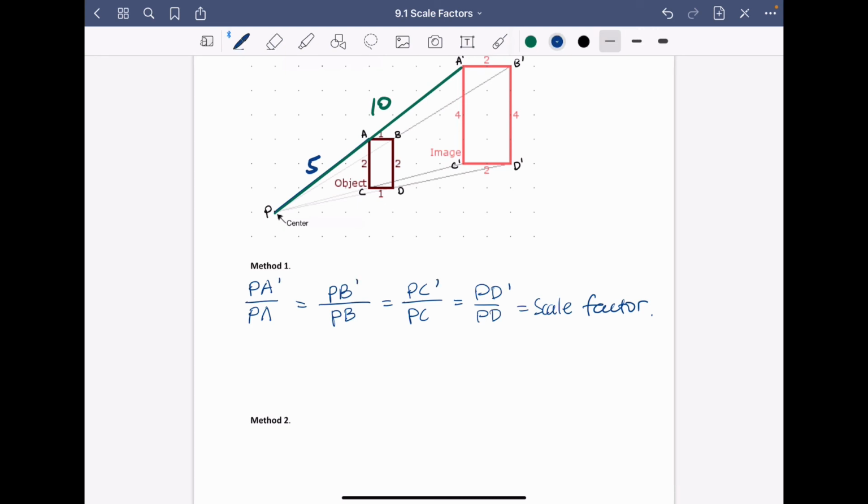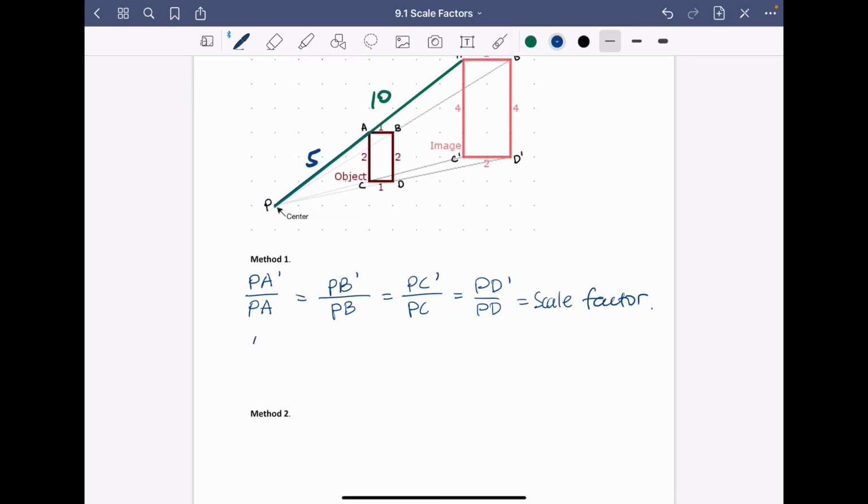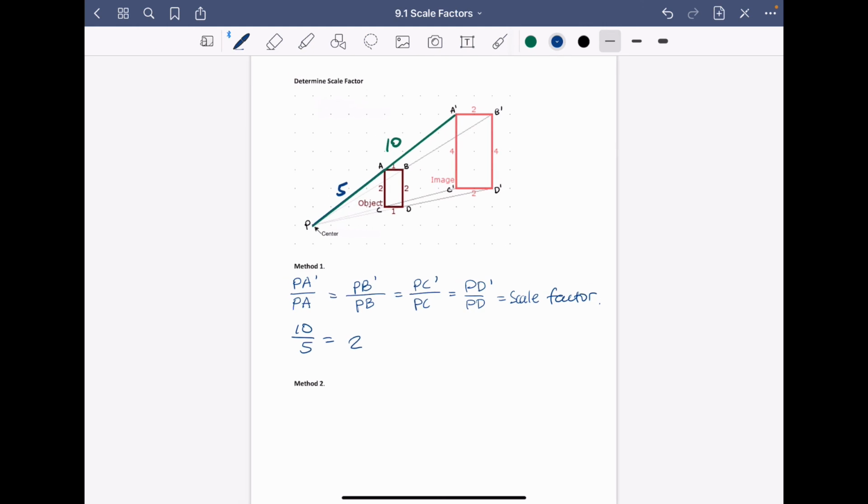So it should be PA prime over PA, PB prime over PB, PC prime over PC, and PD prime over PD. So 10 over 5, which is equal to 2. So my scale factor for this question is 2. And that's our first method.